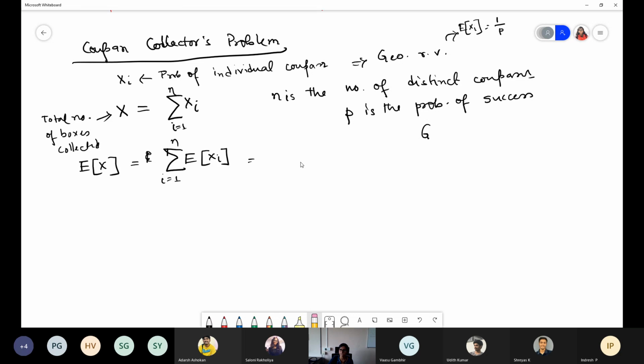I should not write xi here, you will be getting confused. So E of x is, what was the total I calculated before? N by p, because everything is the same, so n times 1 by p.